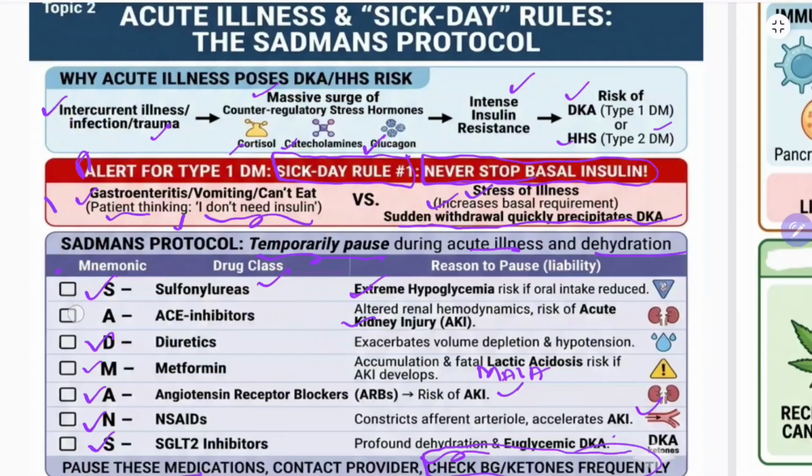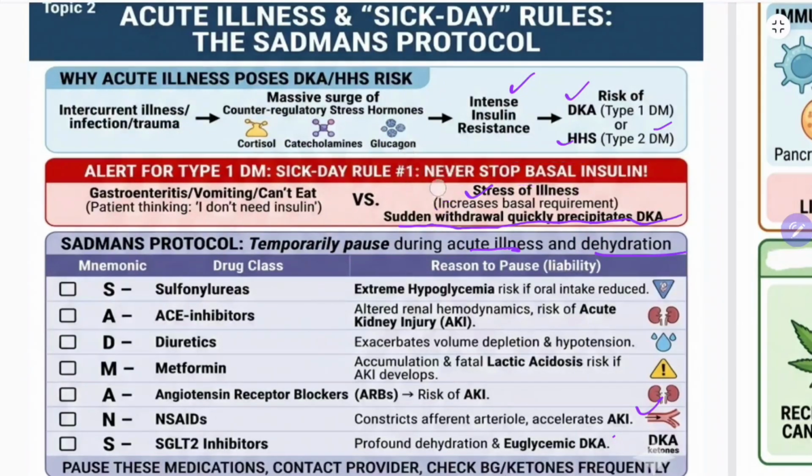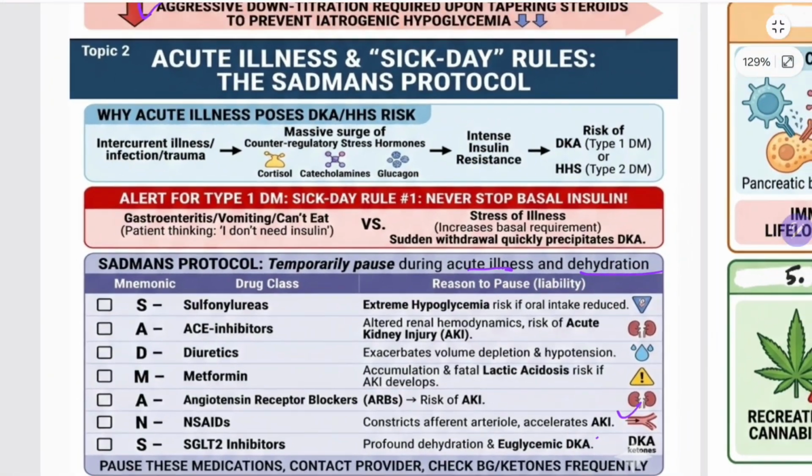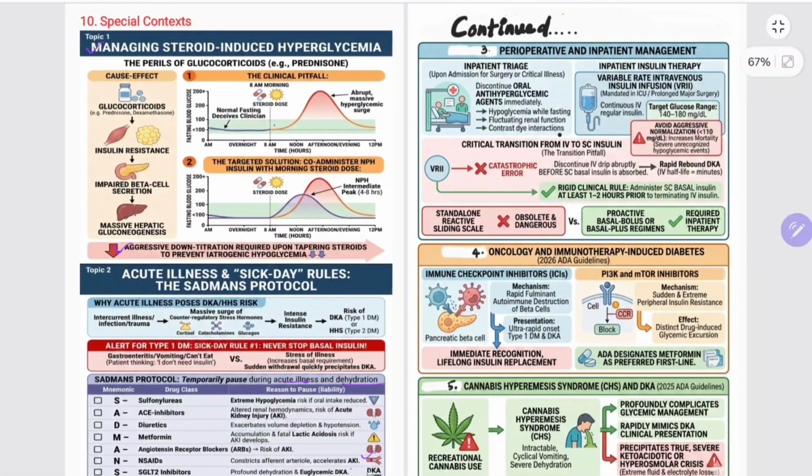So these are known as sick day rules. They should have a low carbohydrate, high fluid diet. Type 1 diabetes patients should not stop basal insulin, and type 2 diabetes mellitus patients should stop SADMANS drugs during the acute stage.